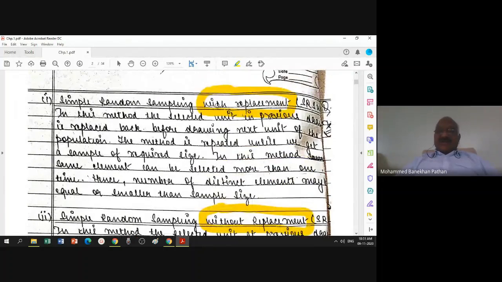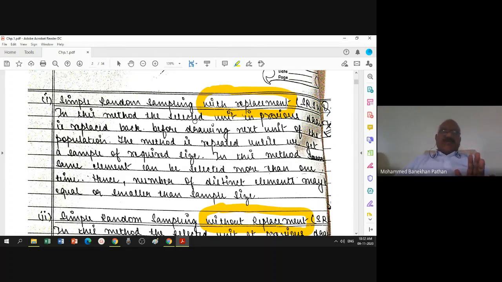If I say with replacement, I select the unit from the population, I make the record, and after making the record, I replace it in the original place of the population. Then I make the second selection, and the procedure keeps on continuing till you get the required number of units in your sample.